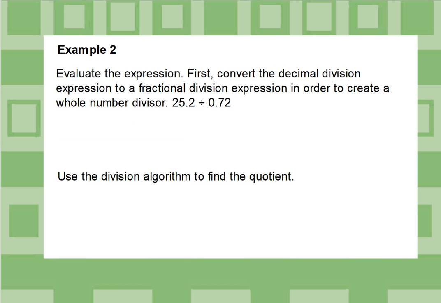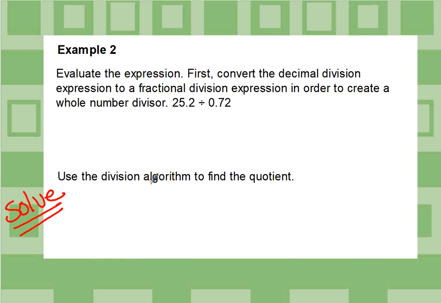Let's look at the next one. Evaluate the expression. First, convert the decimal division expression to a fraction in order to create a whole number divisor. Then down here it says use the algorithm to find the quotient. This means solve. That's what that means.